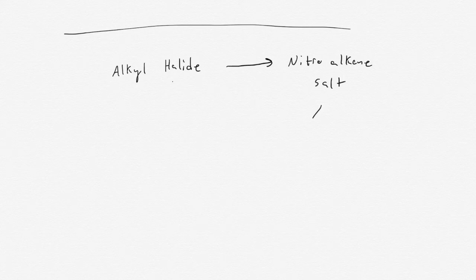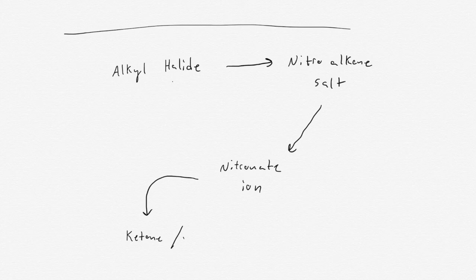And then it'll go through what's called a nitronate ion, which is after that base. And then we'll get either a ketone or aldehyde with the acid. There are modifications on this, and I recommend you look them up if you're really interested in using this in your synthesis, but I think that this in and of itself is already illustrating the utility here.